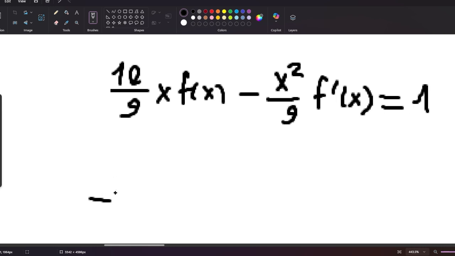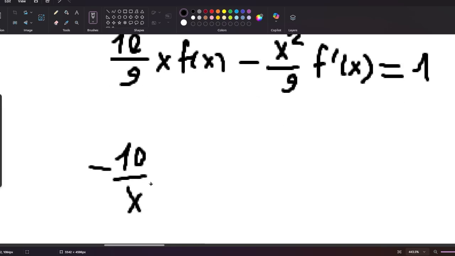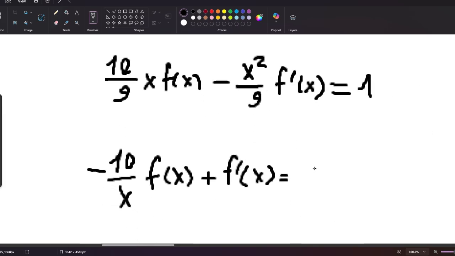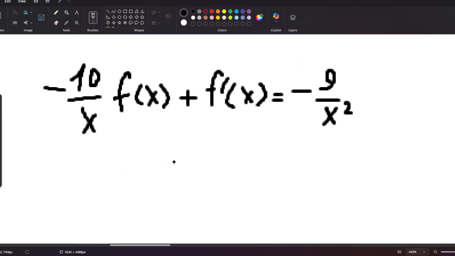So we will have minus 10 over x times f of x, not minus, plus f prime of x equals negative 9 over x squared.